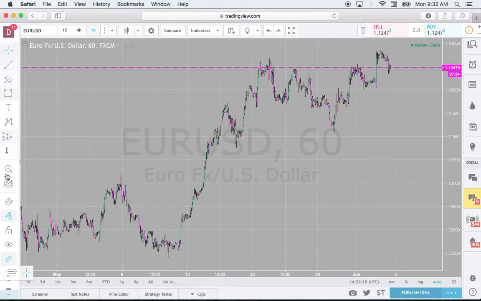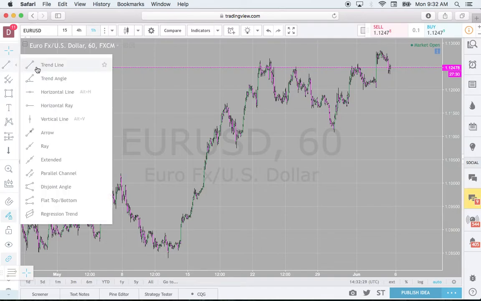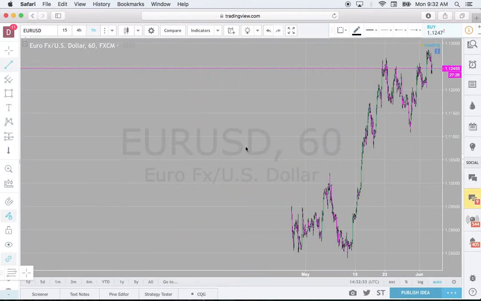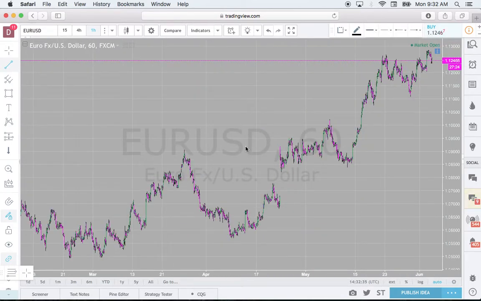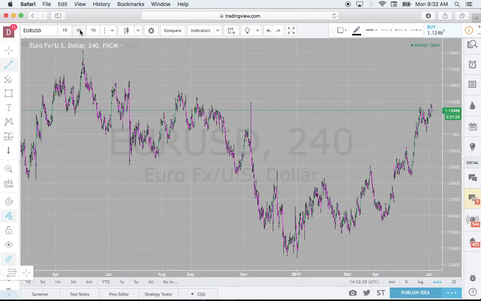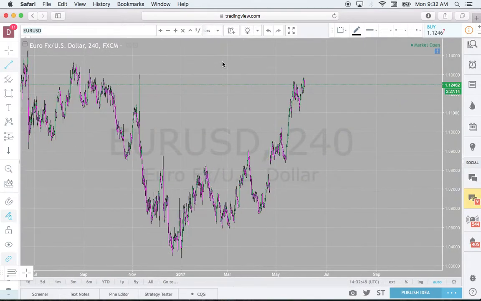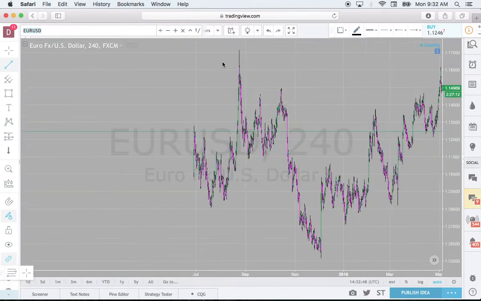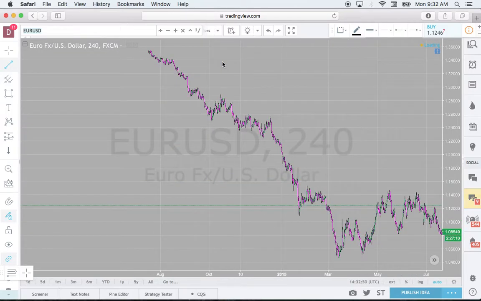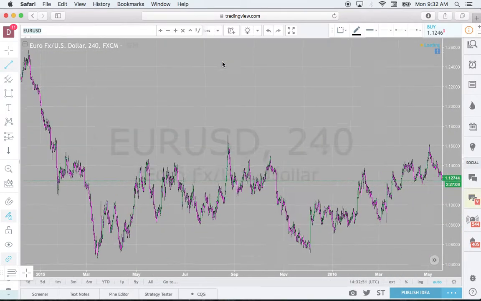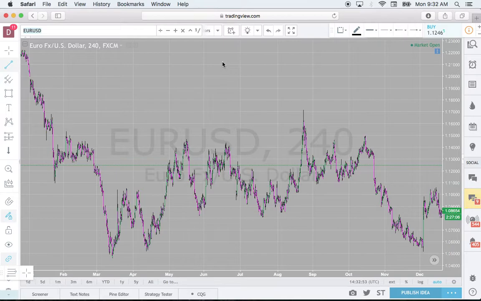We're going to be focusing on this. Okay, this is our trendline tool. This we use to see the direction of our trend. And for our purpose, we're going to be using a better time frame.